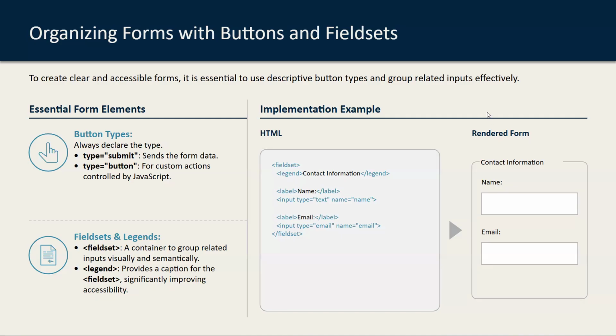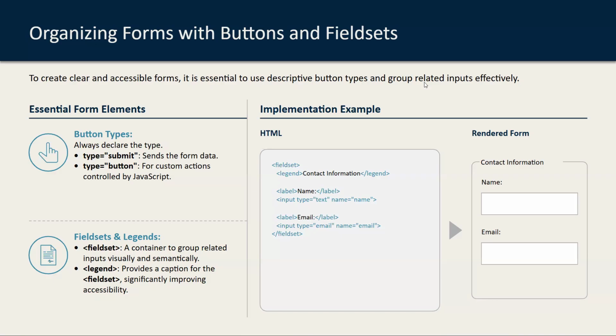Some other key elements here are field set and legend. A field set is used to group related inputs together visually and semantically, and the legend element provides the caption for that group, which helps us improve clarity and accessibility.